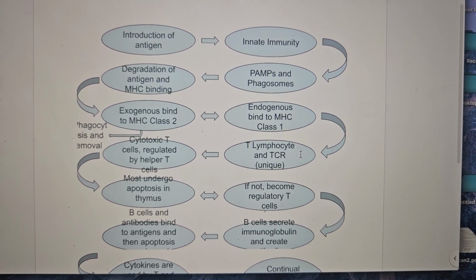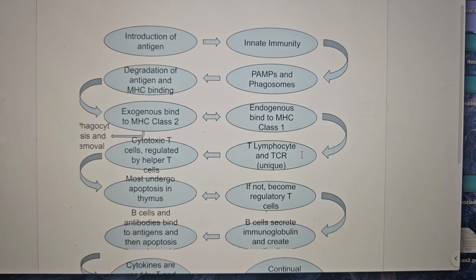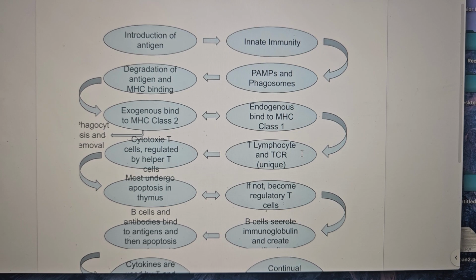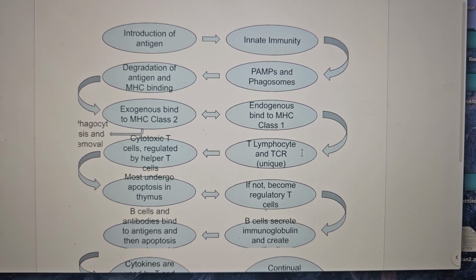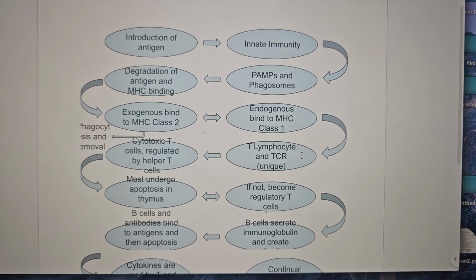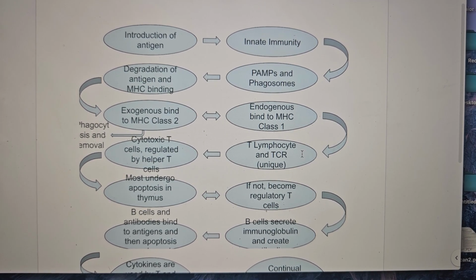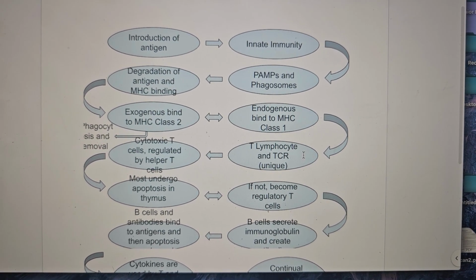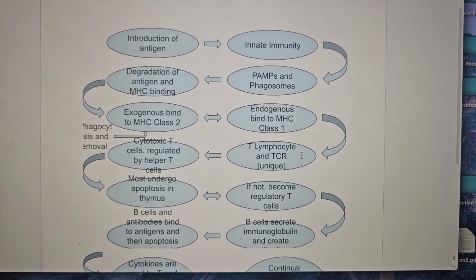If it is able to attach, then it is cytotoxic T cells, which are regulated by helper T cells, bound by the antigen, and then they undergo apoptosis in the thymus after they return from wherever they were in the body back to the thymus.